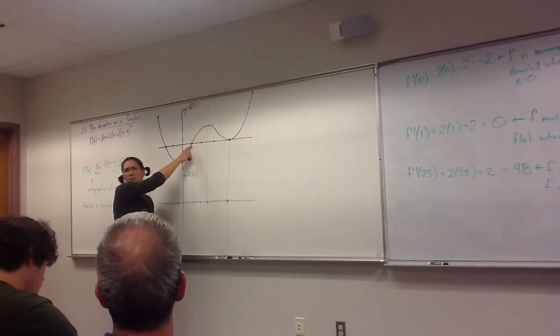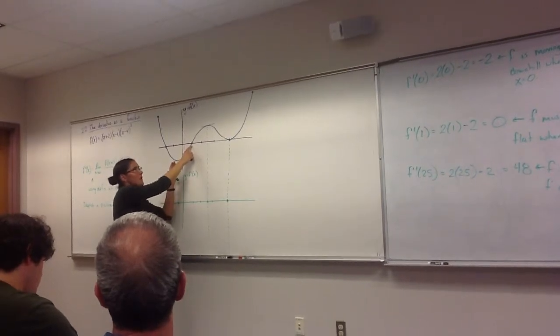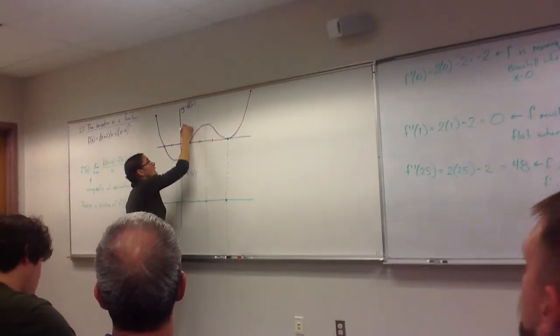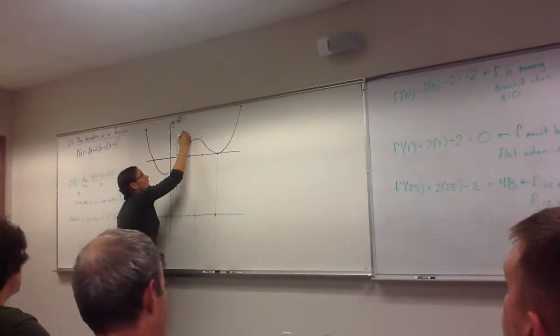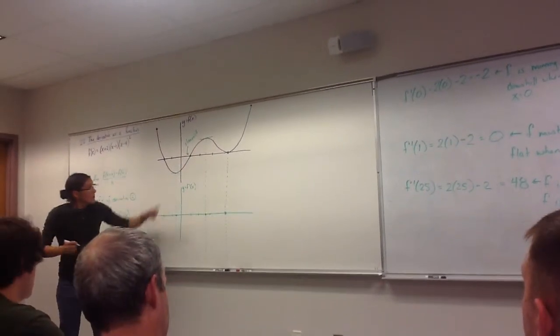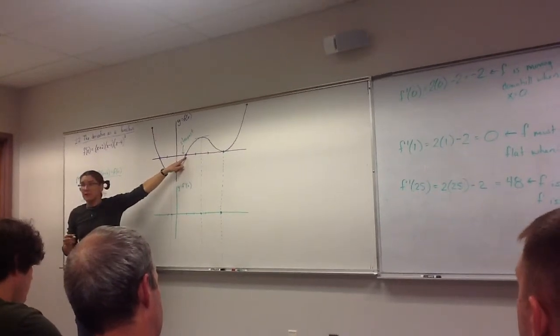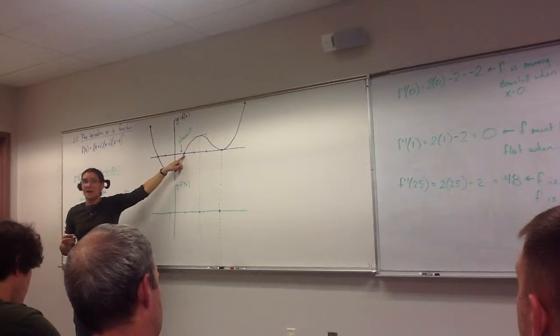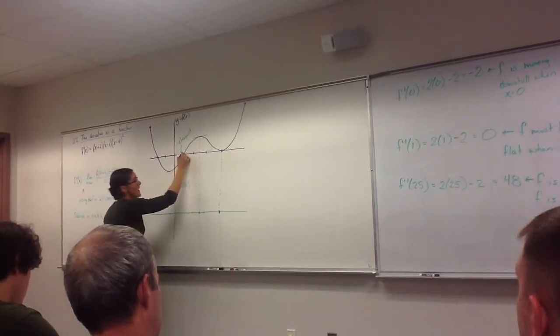This is about the steepest place in between the bottom of our valley and the top of our hill. So the place where f is steepest will have the largest slope, which tells us that f prime is highest at that point.